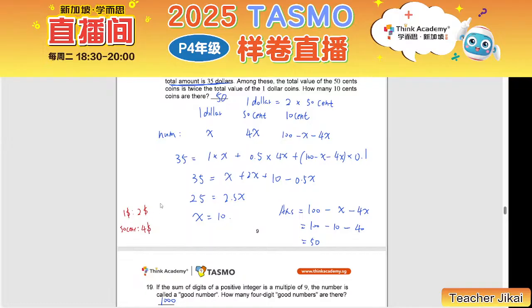If we divide, 2 divided by $1 is 2, but $4 divided by 50 cents is 4 divided by 0.5, which is 8. So you can see it is 4 times. Why? Because $1 equals 2 times 50 cents. So in order to get the same value, the number of 50-cent coins should become twice, and the total value another twice. So 2 times 2, 4x here. Do you understand this one?